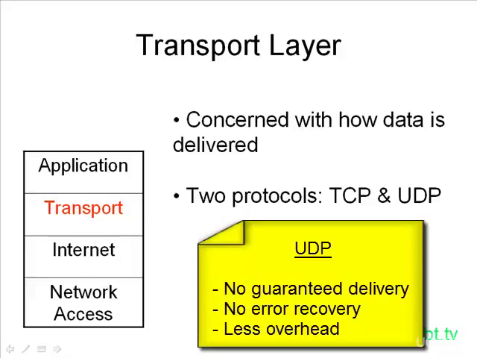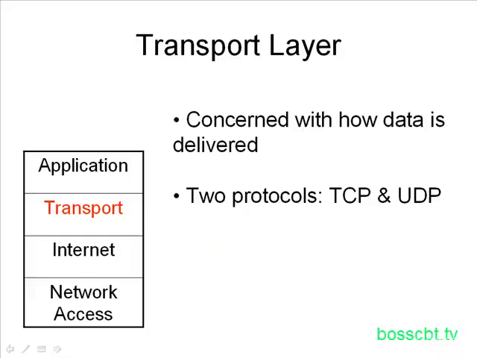There are a lot fewer mechanisms running in UDP as compared to TCP, because you're not dealing with all these other features like guaranteed delivery and error recovery. So it's suited for data that has to get somewhere really quickly. And a good example of that is a media stream or a voice over IP phone call.